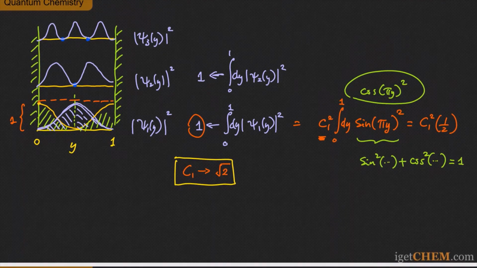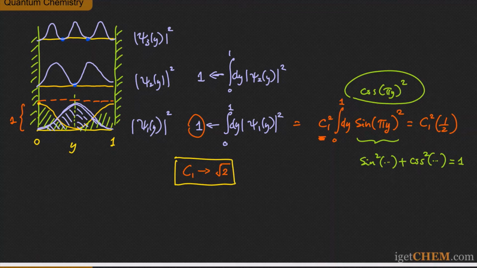And in fact, you can carry out exactly the same argument for all the other wave functions. Again, using the same symmetry argument with sine squared and cosine squared summing to 1 inside the region of integration, but the sine squared integral is exactly equal to the cosine squared integral.